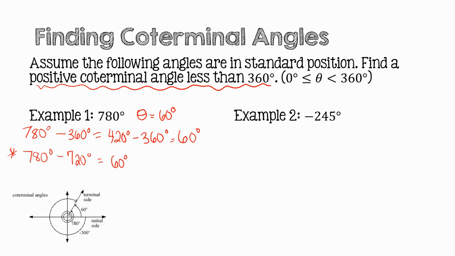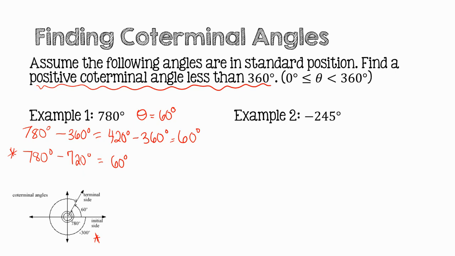Either way, these are all coterminal angles because they share the same terminal side. We would not want to say negative 300, although that is equivalent, it is not positive coterminal based on our directions. So you have to be careful and make sure we read.